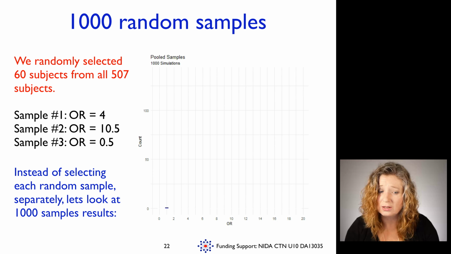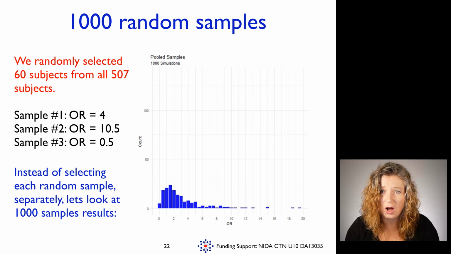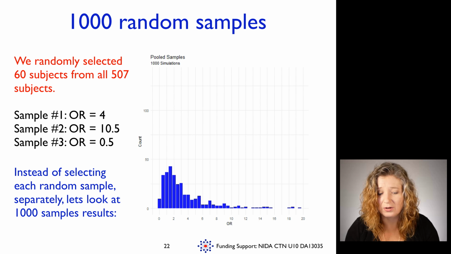So here we see the first simulation, but that's because we simulated again. And let's see what happens. You can see that as we repeat the process many, many times, most of the odds ratios are somewhere between 1 and 3.